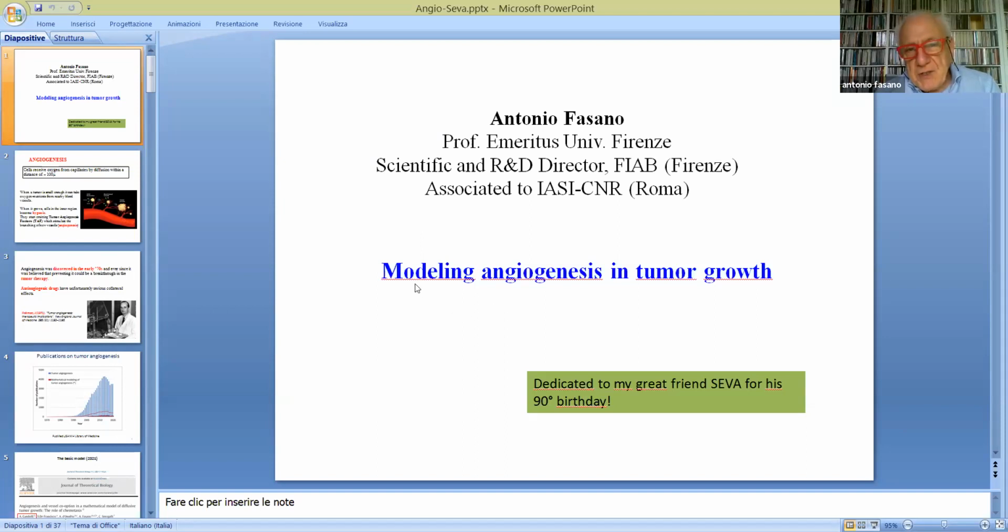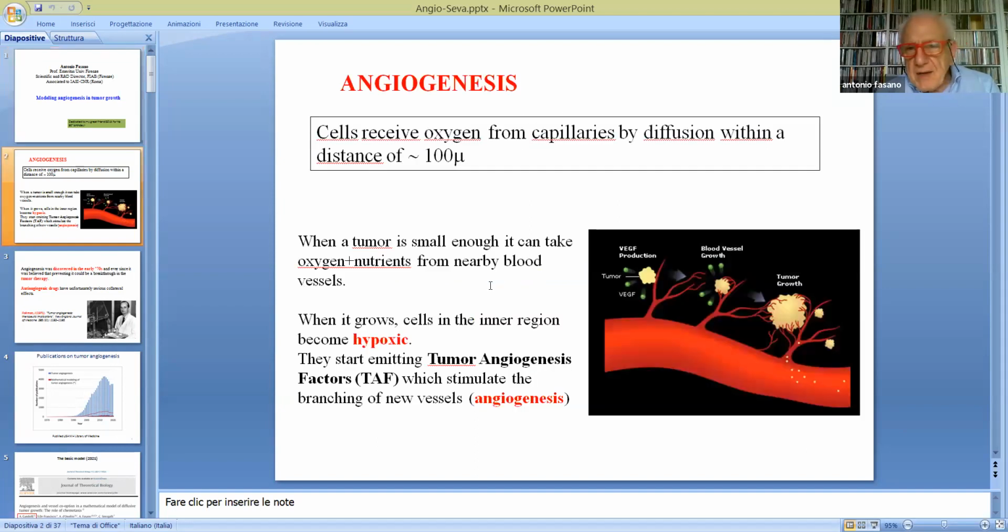So my talk is concerned with the phenomenon of angiogenesis in tumors, and the general scheme of angiogenesis is illustrated here. All cells in our organism are fed oxygen and nutrients from nearby capillaries.